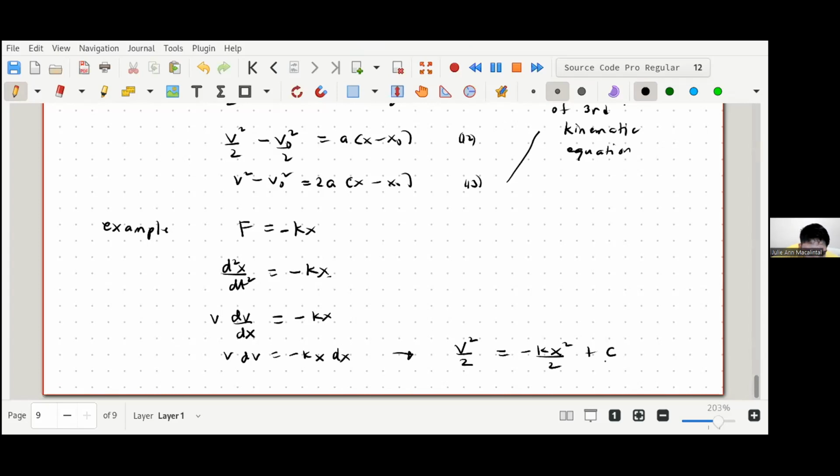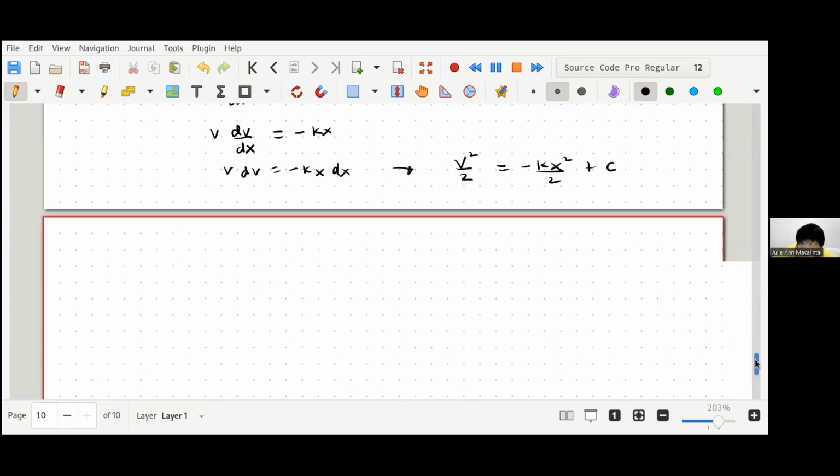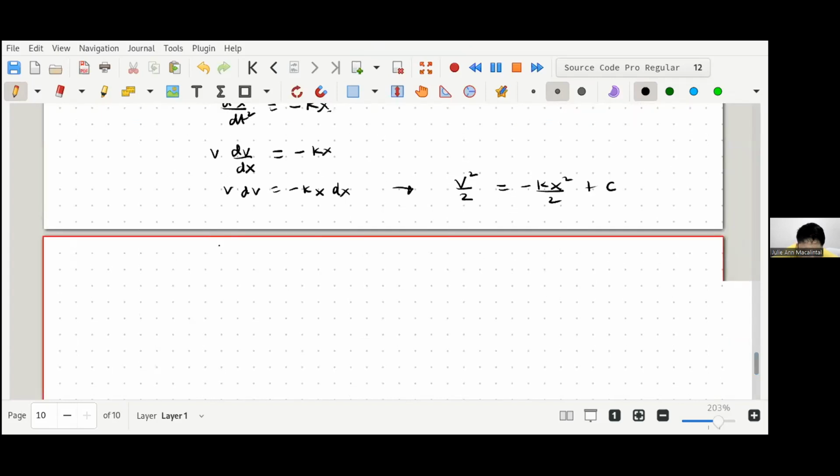And then, pwede nating ulitin yung integration. dv dt. So, in principle, kaya natin gawin na, okay, what's v? V is dx dt. Oh, okay. Nice.